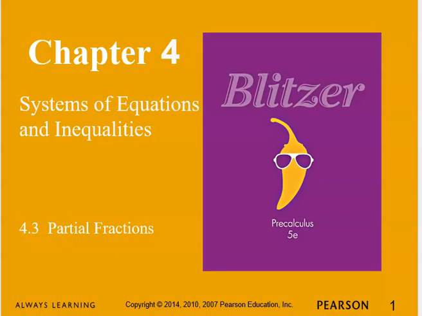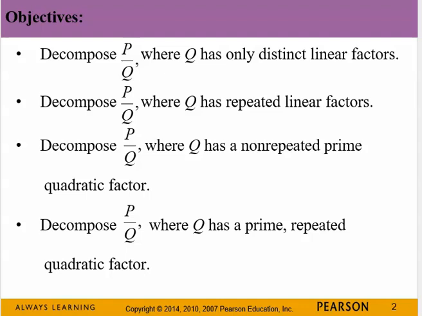In section 3 of chapter 4, we're going to go over what is called partial fractions. Let's take a look at the objectives, where we're going to decompose a fraction that has distinct linear factors, repeated linear factors, non-repeated prime, and where Q is a prime that's repeated of a quadratic factor.